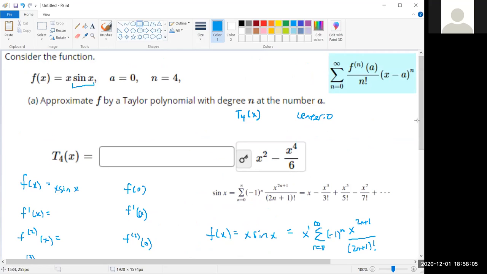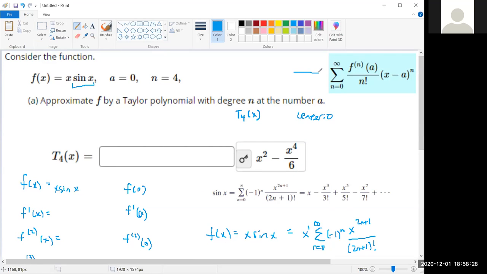So what's the difference between this example and the previous example? In the previous example, we didn't have the general Taylor series for our function, right? So the best thing we could have done was just list out the derivatives and the coefficients and plug them into the Taylor series formula, like this one right here.